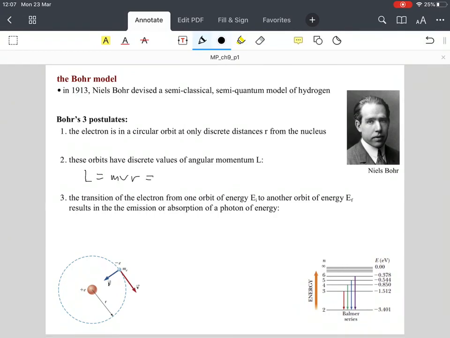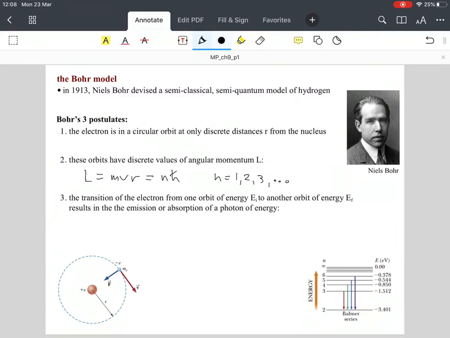And then the condition that Bohr came up with is that L equals n times the reduced Planck constant, h bar, where n is an integer with the values 1, 2, 3, 4, and so on. We'll look a little bit at where this comes from, but for now, this is just a statement, and we'll actually see it is problematic, but it worked for Bohr's model.